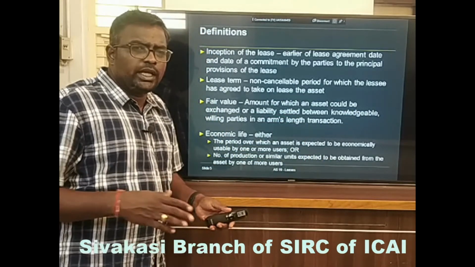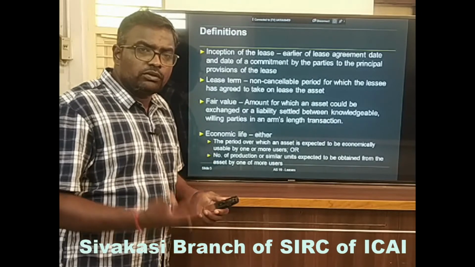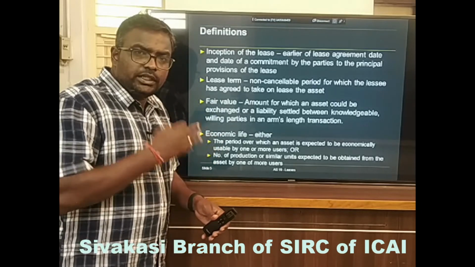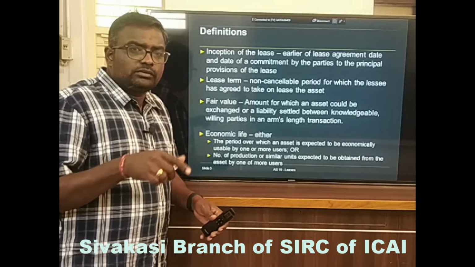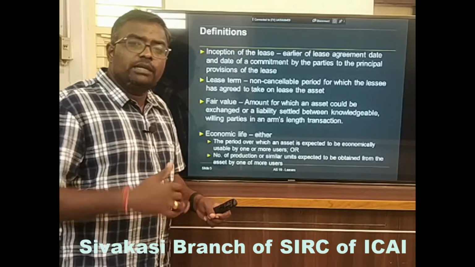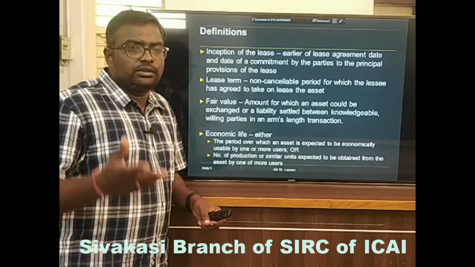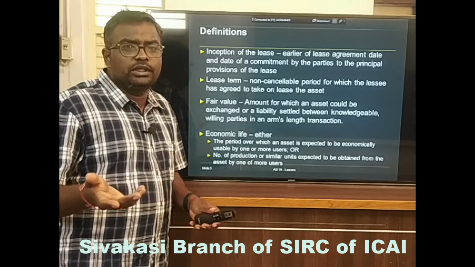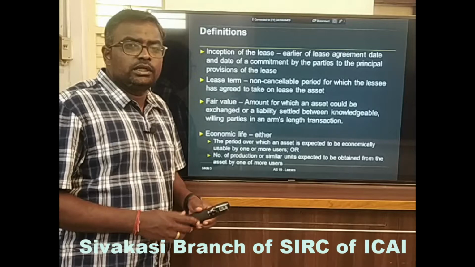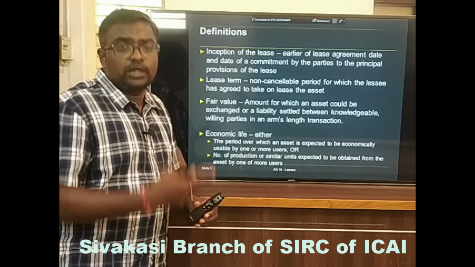The non-cancelable period is very easy to take, whether you like it or not you have to pay rent, so you can decide that is the lease term. But plus, if the lessee has an option to renew, that period also should be considered. So in my example of a 30-year-old building, the useful life will be 30 years. If you are renting that building for 10 years, you are supposed to see whether the lessee will renew for another 20 years.